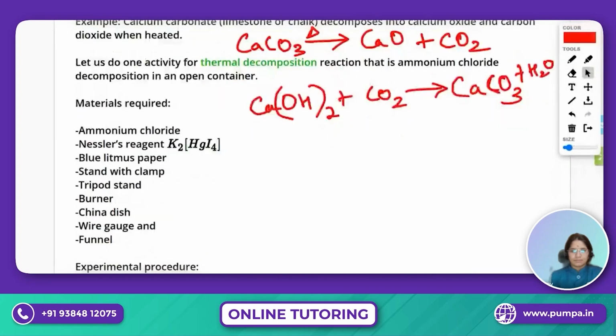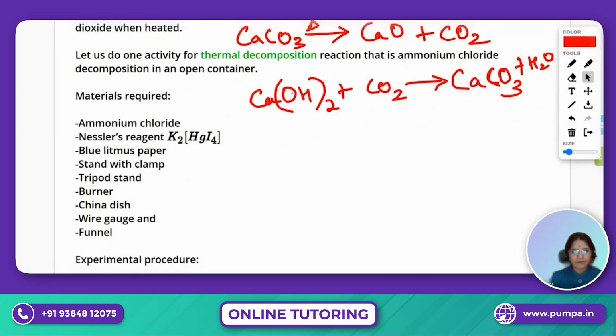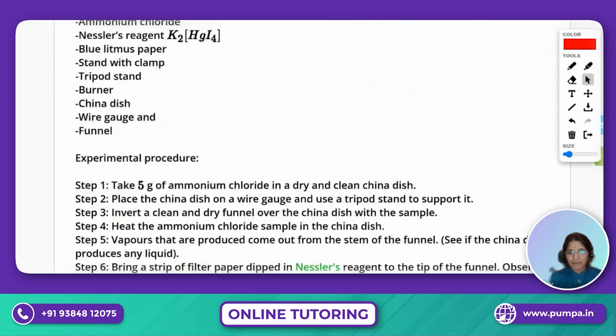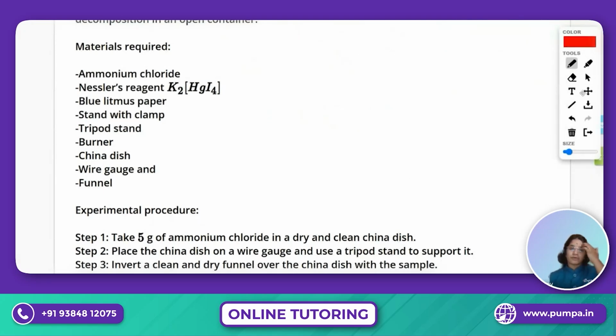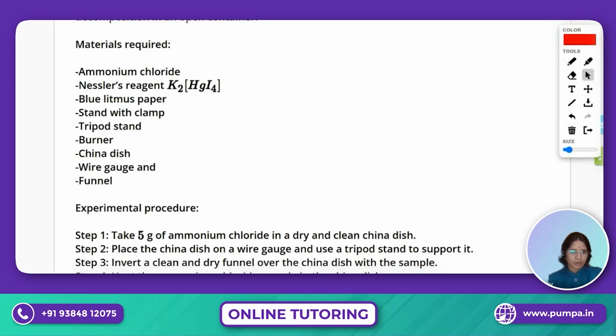Okay. So now there is another example in thermal decomposition where ammonium chloride, NH4Cl, is being heated. It forms some ammonia gas. அதே மாதிரி hydrogen chloride gas உங்களுக்கு produce ஆகும்.